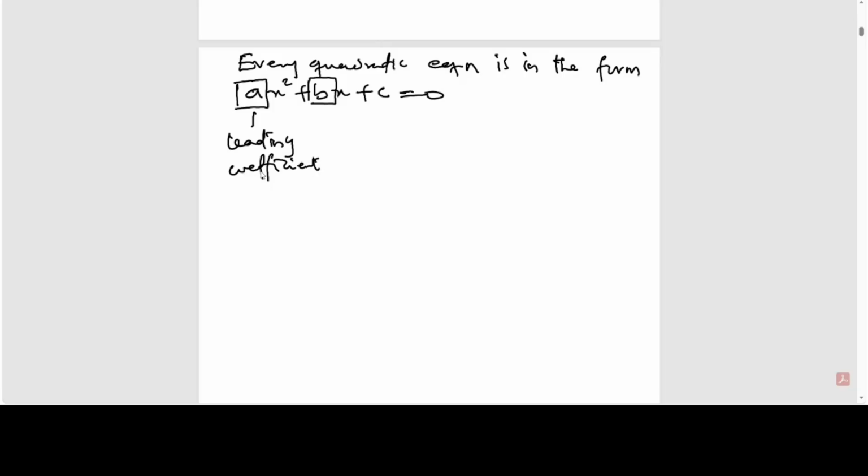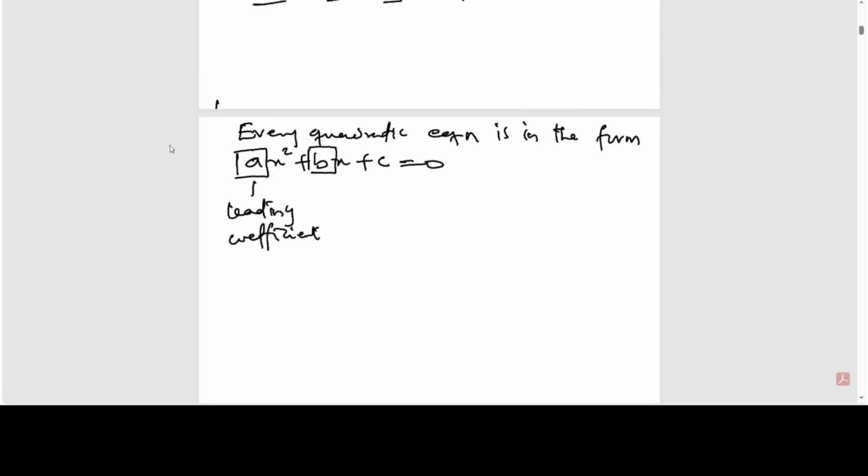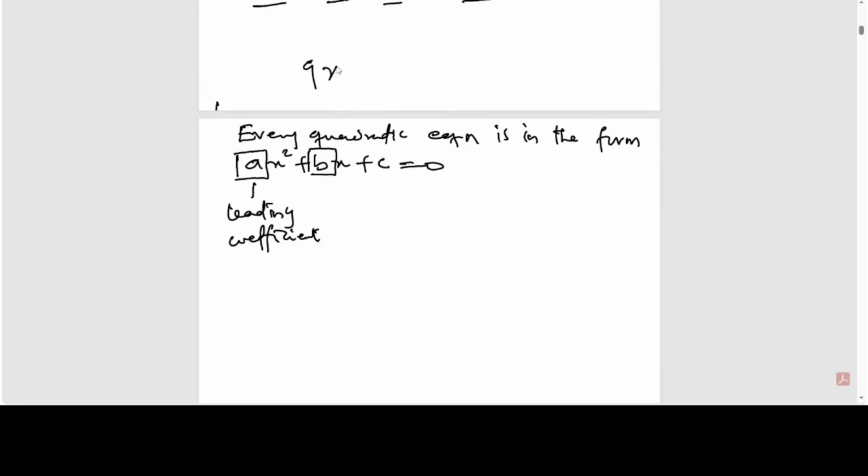The leading coefficient, and not just a, but all the time, the coefficient of every expression or every equation: you pick the term with the highest exponent and find its coefficient. That coefficient is called the leading coefficient. So if you had a cubic equation like 9x cubed minus 2x squared plus, let's say, 6 equal to 0, the highest exponent is 3 over here.